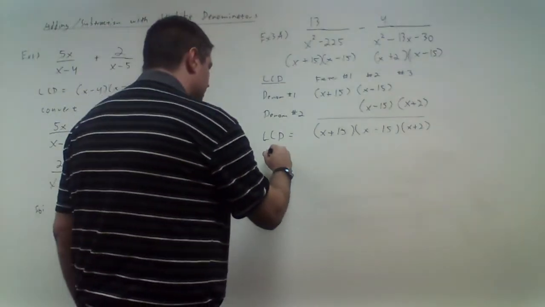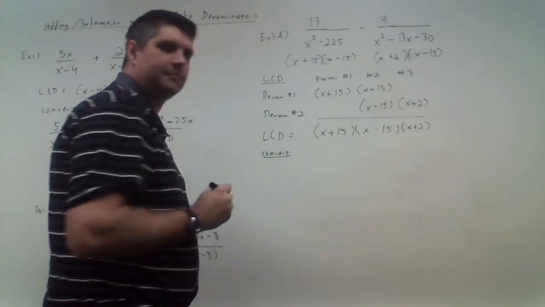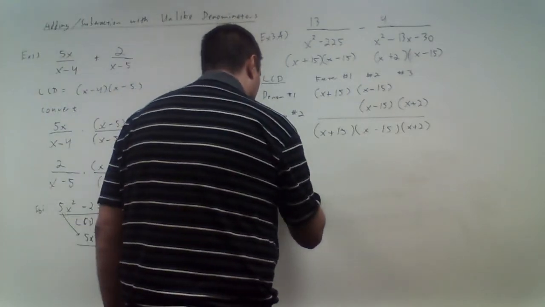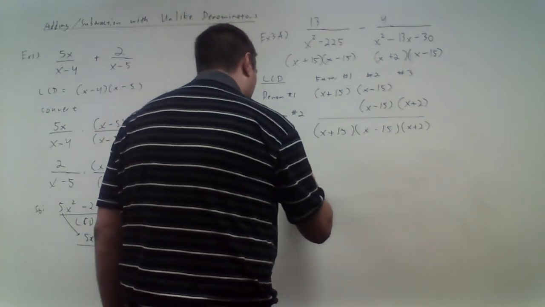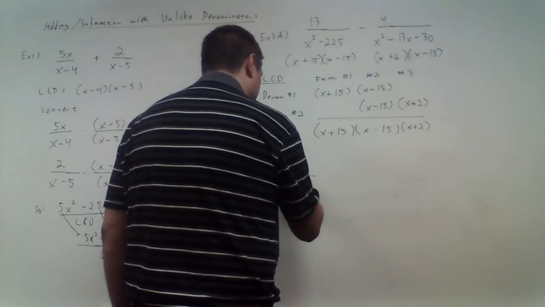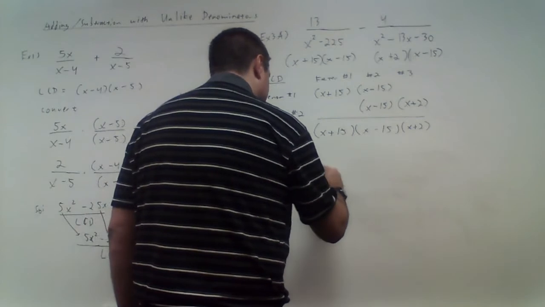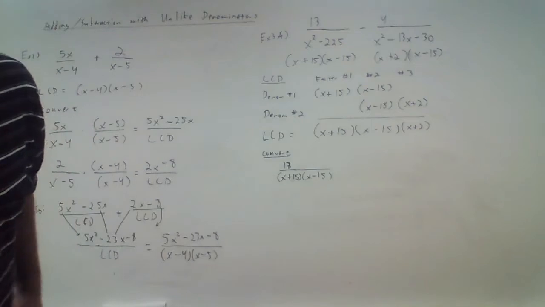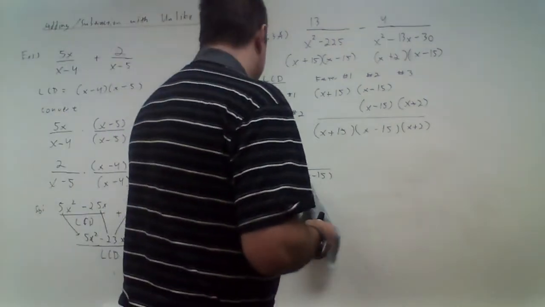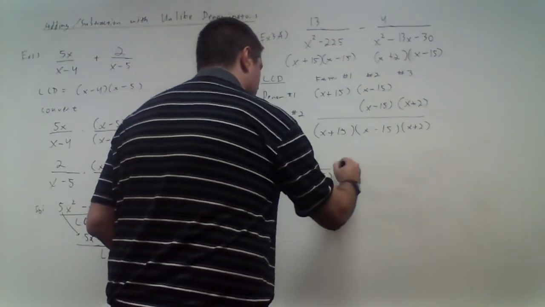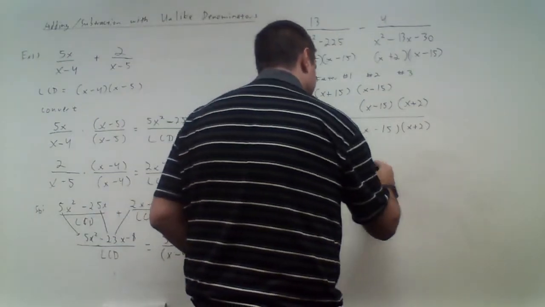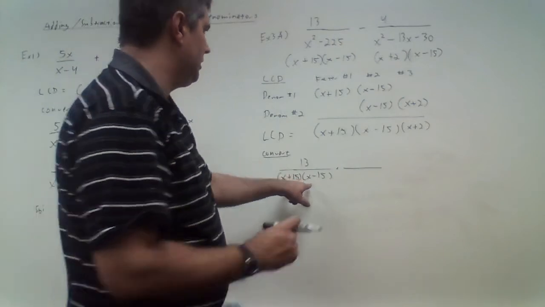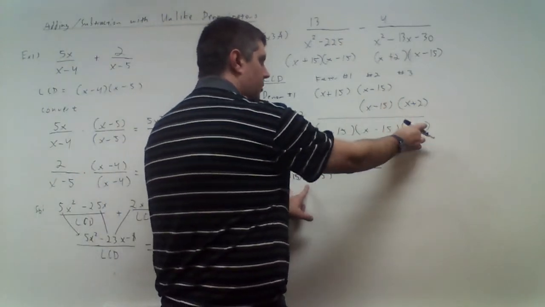So now we need to convert. 13 over, I'm going to use factored form of each denominator. x plus 15, x minus 15. So, this denominator needs an x plus 2.